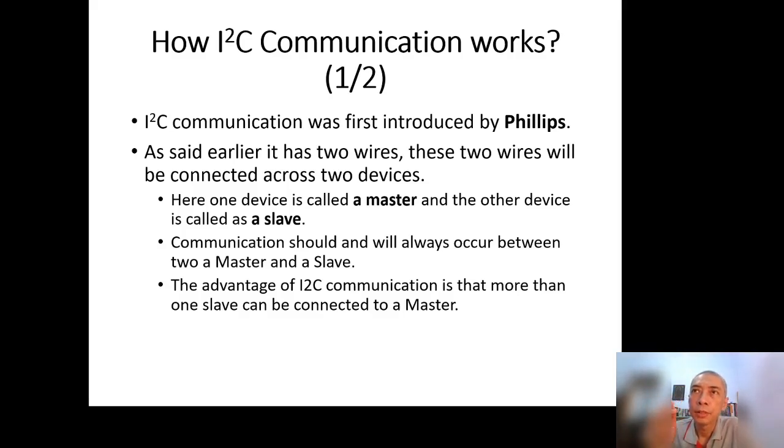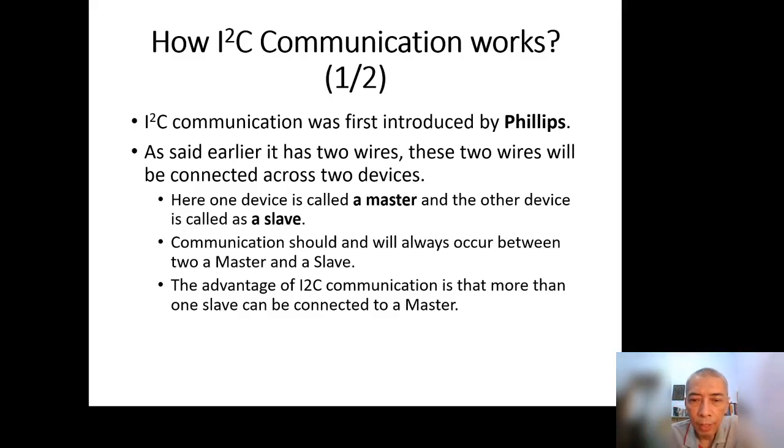You can make your microcontroller a master, and the other device, for example a sensor or an actuator using the I2C communication protocol, a slave. Communication will always occur between a master and a slave, so a minimum of two devices.